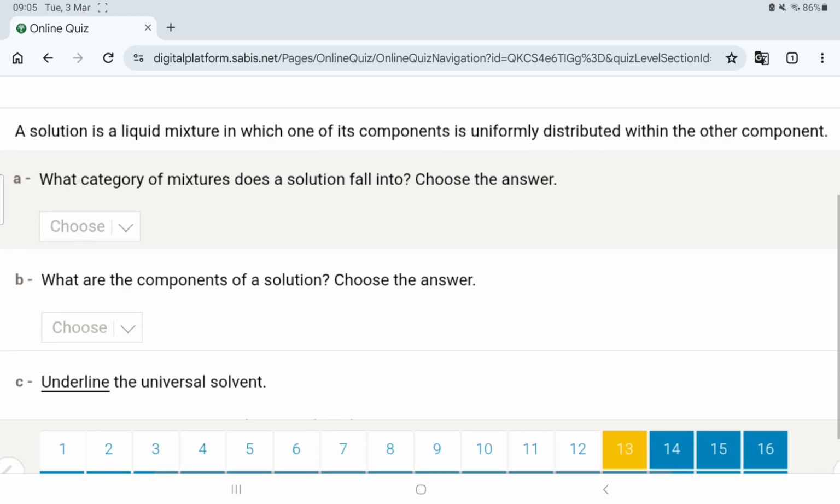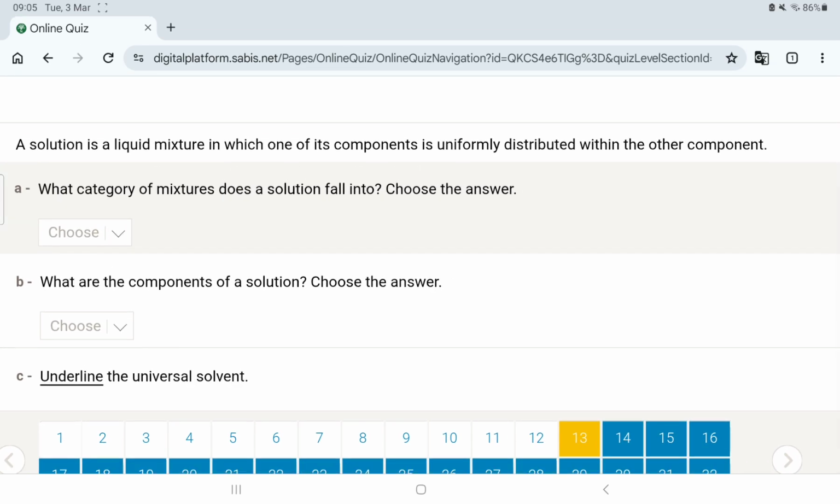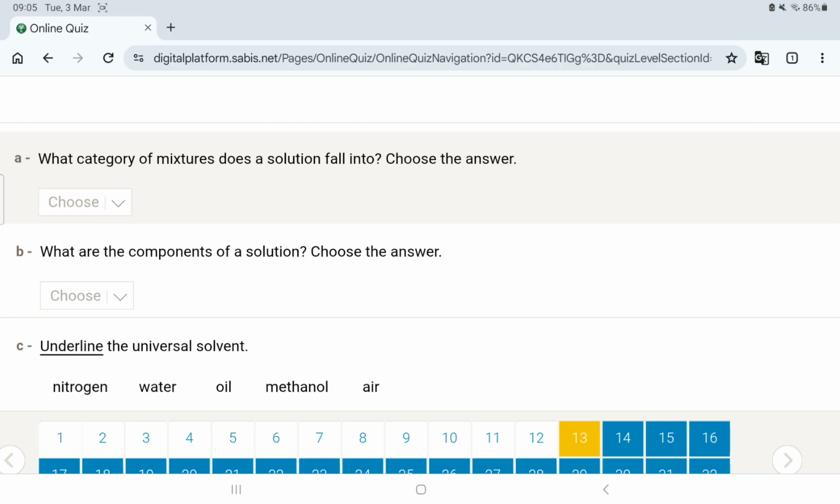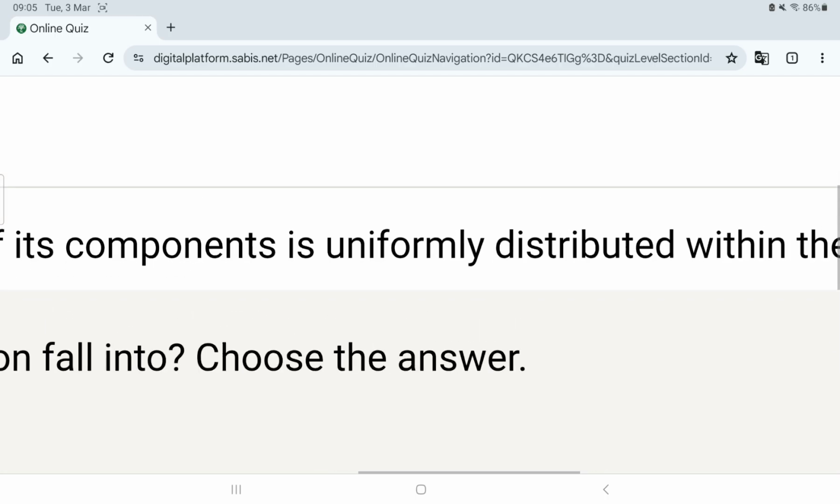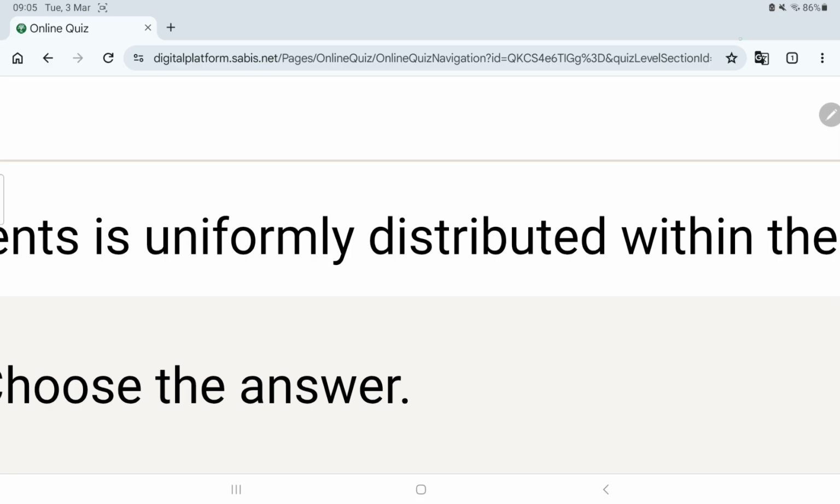A solution is a liquid mixture in which one of its components is uniformly distributed. Now guys, when you see the word uniformly distributed, uniformly means equally. So here it's equally distributed.